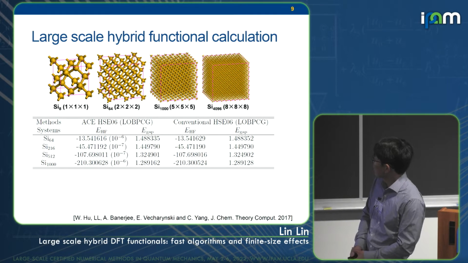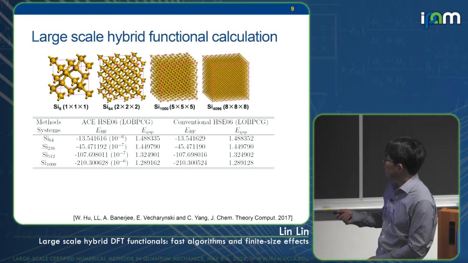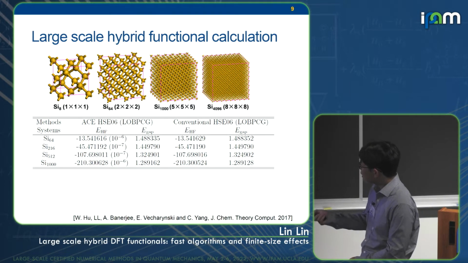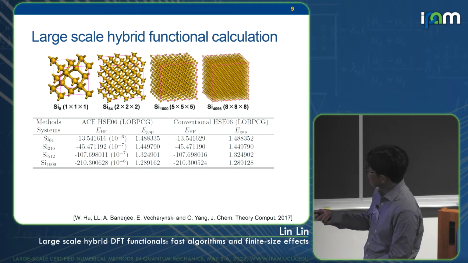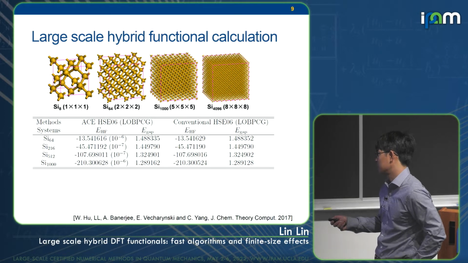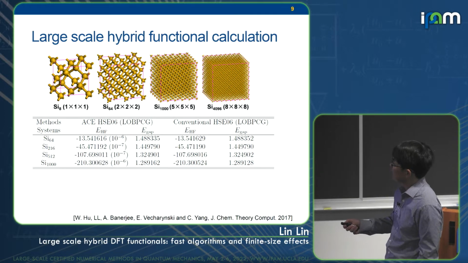This is what we did a couple of years ago to test the accuracy, together with Amartya, who's also in the audience. You go from silicon systems, from unit cell to much larger system sizes, and you first test the accuracy of the ACE.